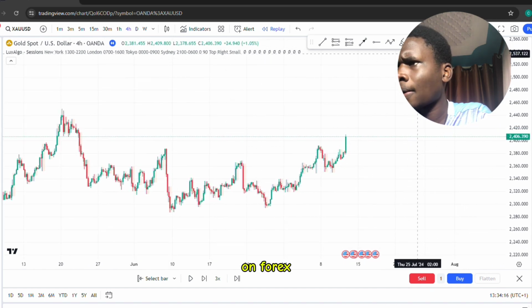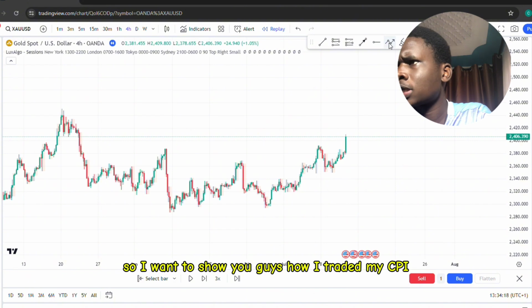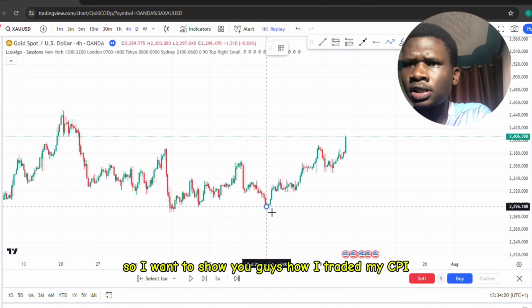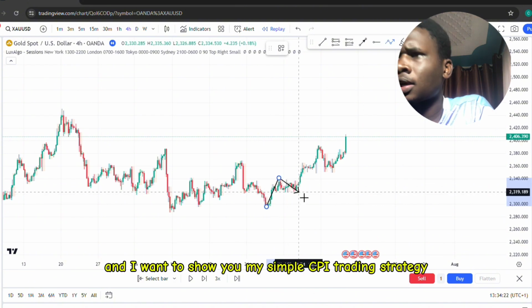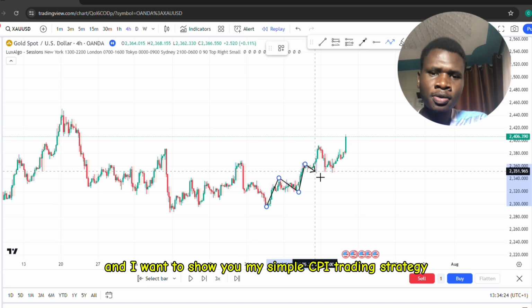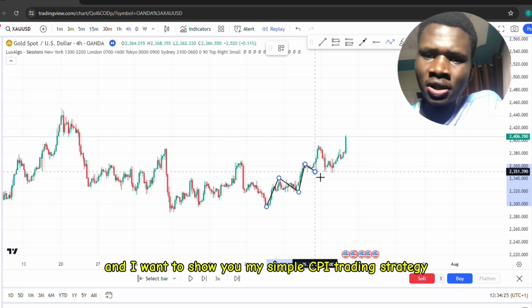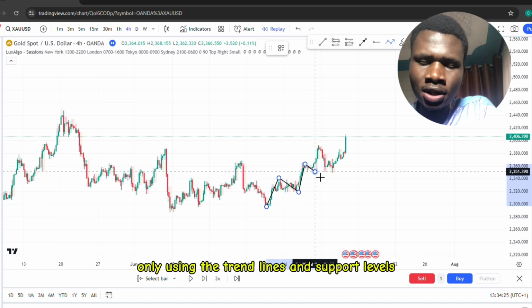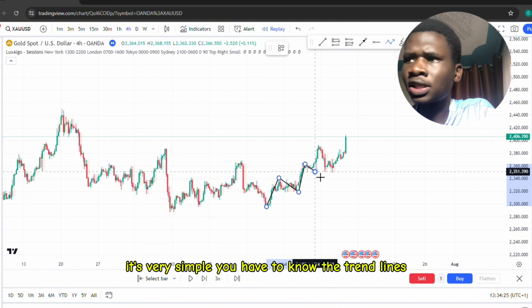So I want to show you guys how I traded my CPI, and I want to show you my simple CPI trading strategy, only using the trend lines and support levels. It's very simple.